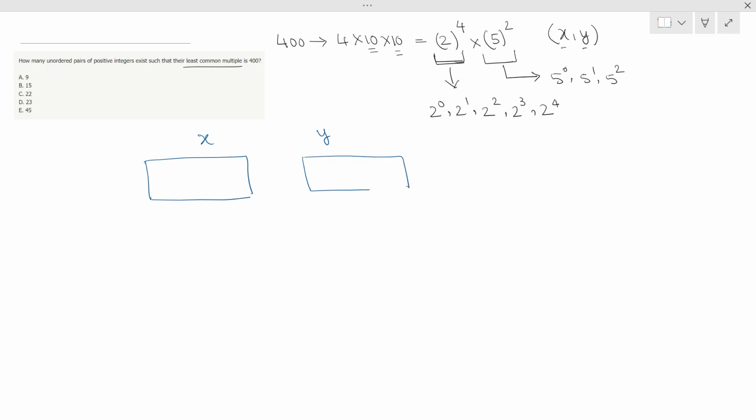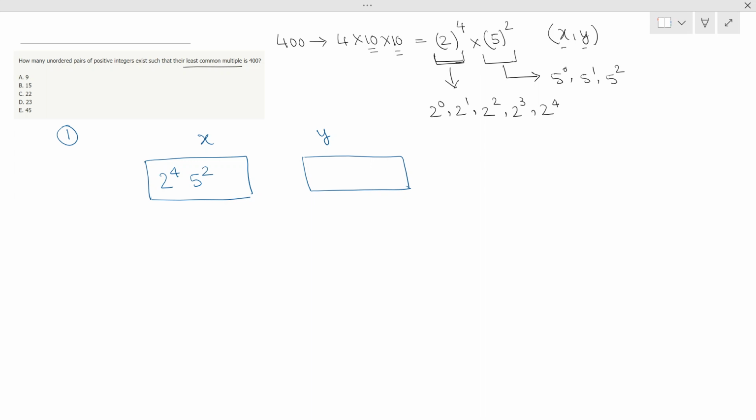Now in the first case, case 1, let's assume that 2 raised to the power of 4 and 5 square are both present in the prime box of any one of these numbers, and because it's an unordered pair, it doesn't really matter whether we take x or y. So in our case, we'll take that x has 2 raised to the power of 4 and 5 square in it.